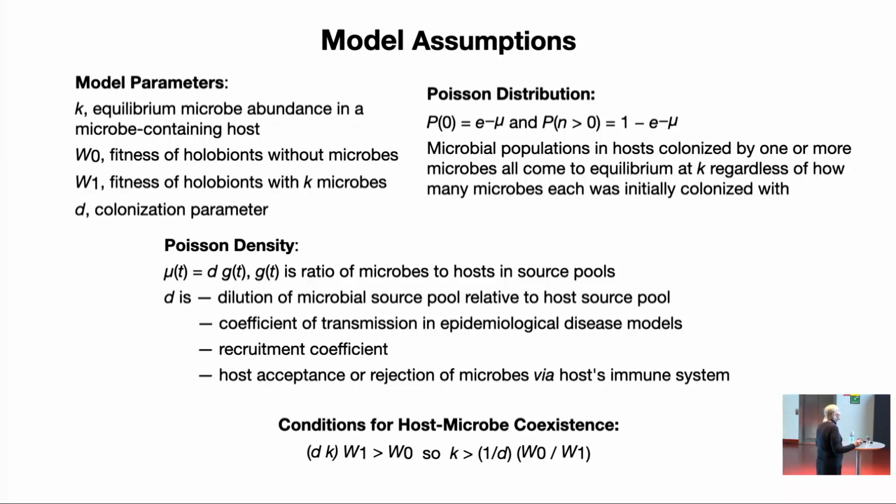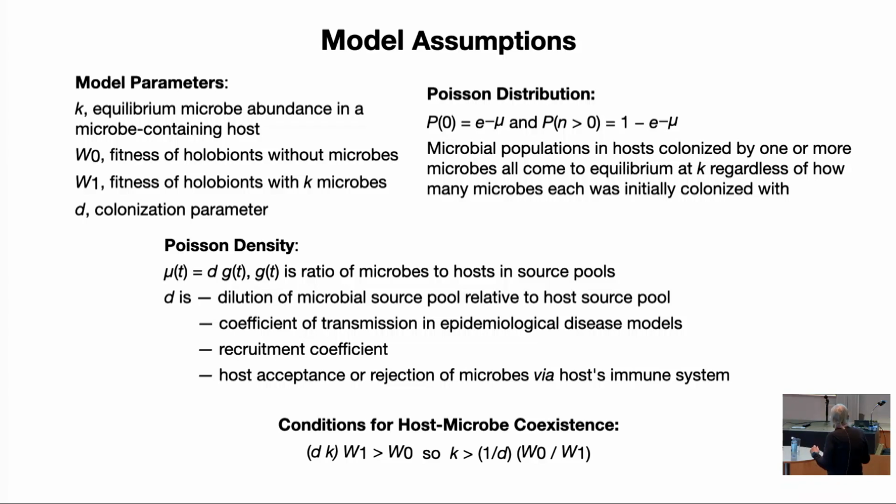In any case, the bottom line is that the condition for host-microbe coexistence is this: dK W1 has to be greater than W0. Now, what's dK right here? Suppose, just for the sake of discussion, that the carrying capacity for microbes is 100, and suppose that the probability that a microbe in the water gets to a larva is 1 over 100, so that the product of this is 1, because this is usually going to be on order 1.